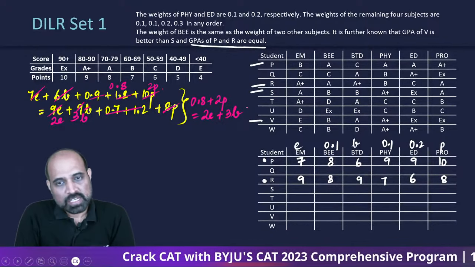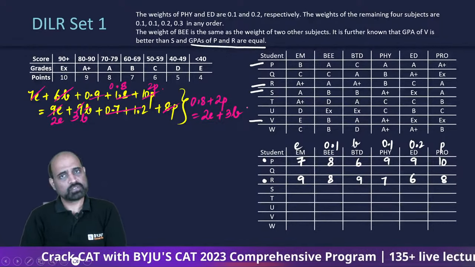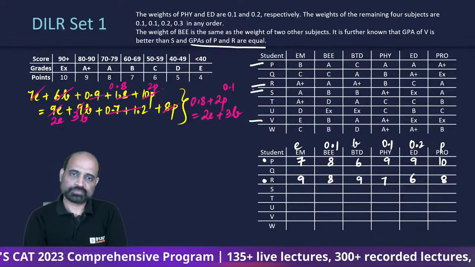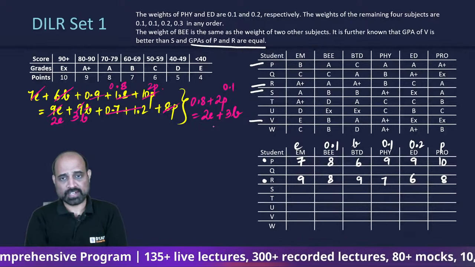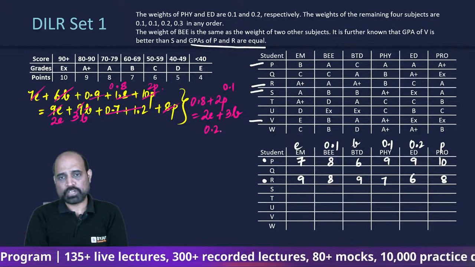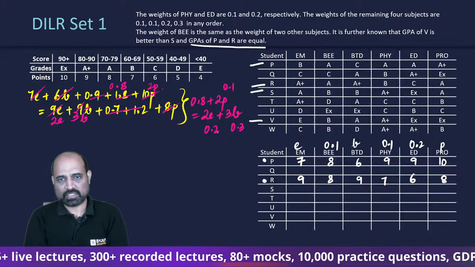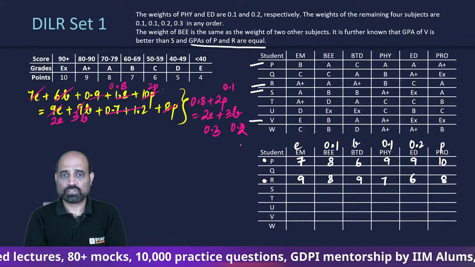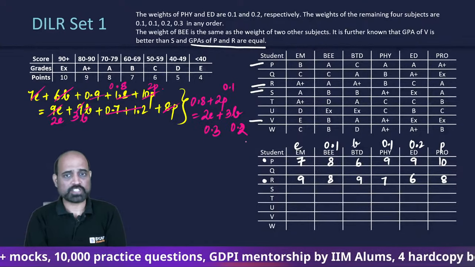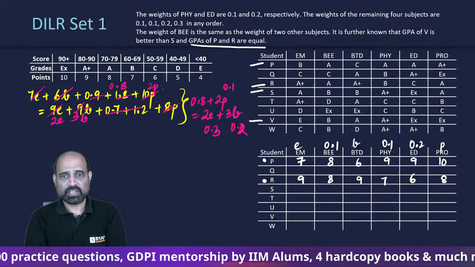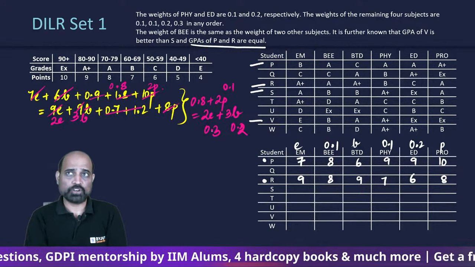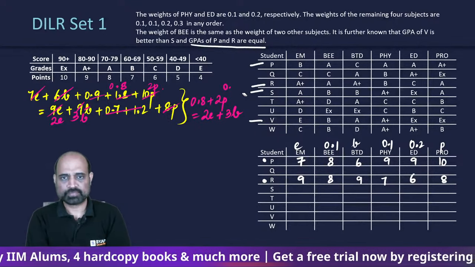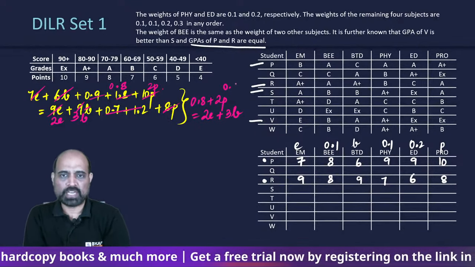Okay. Suppose P is 0.1. Let's start with the basic case. Suppose if P is 0.1, then we will have 1 on one side. E is 0.2 and B is 0.3. E is 0.3 and B is 0.2. Won't work, no? This is 0.6, 0.6, 1.2 and the other side we have that. And we will take 0.9 and 0.4, 1.3, that also will not work. So P cannot be 0.1. Okay. What if P is 0.2?